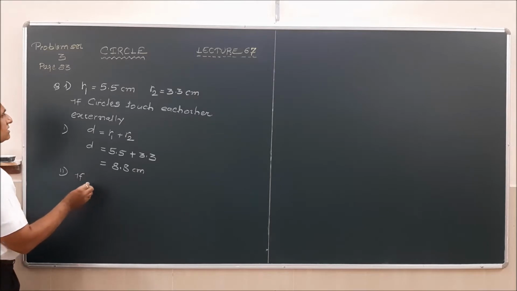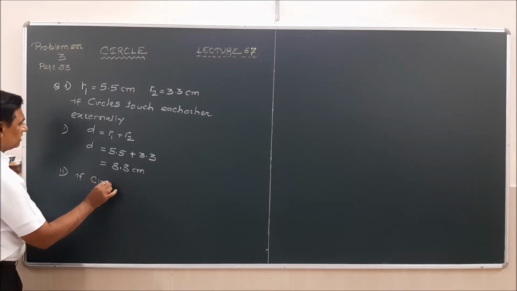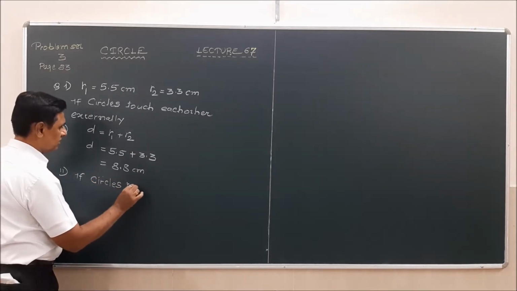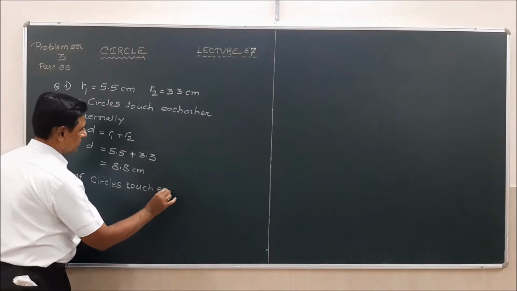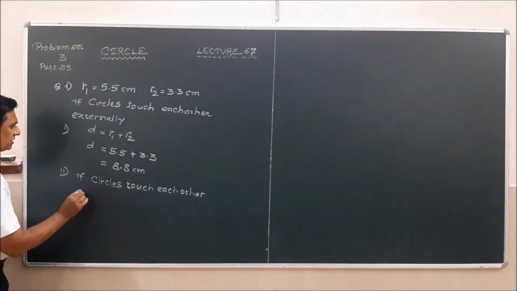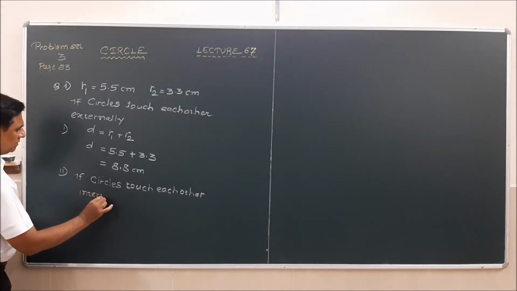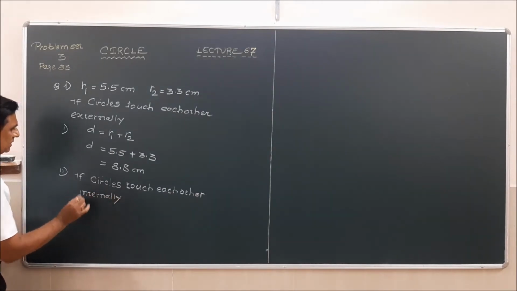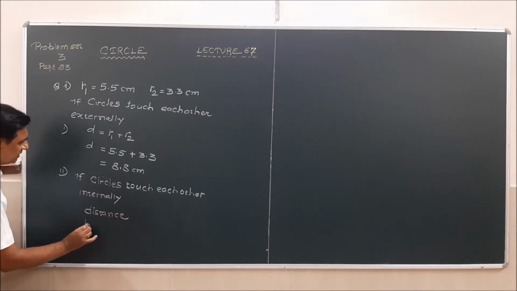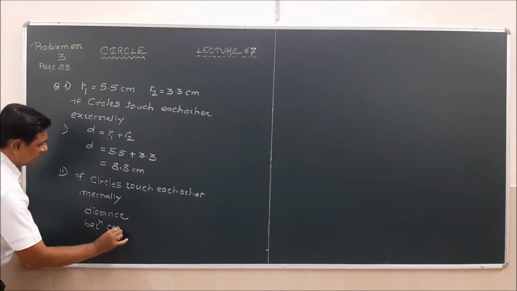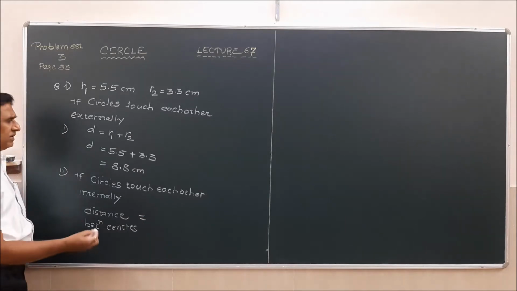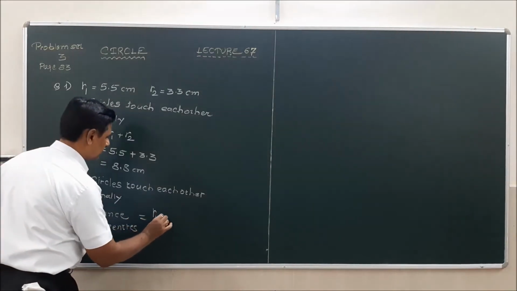The second possibility is that if circles touch each other internally, the distance between centers is equal to the difference between radii, R1 minus R2.